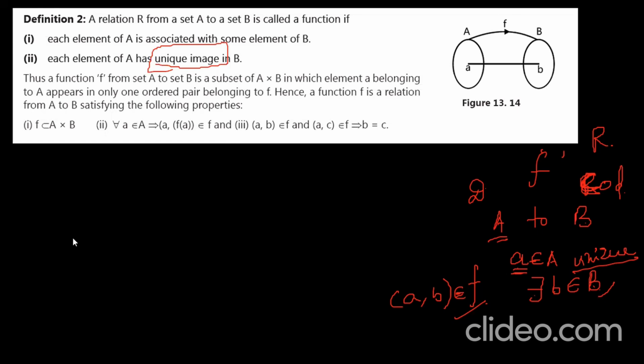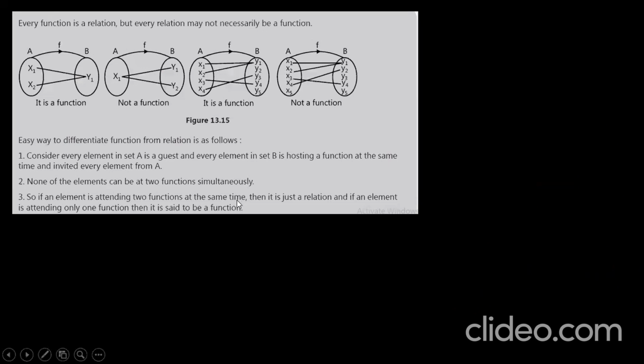Let us move to the next. I am taking a function. Is every function a relation? Yes, no doubt. But what about the converse? Every relation, is it a function or not? We already checked while dealing with relations. Let us observe now.